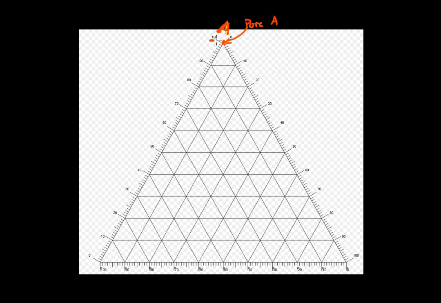That's what this 100 right here represents. So that's completely pure. What this next line represents right here is 90% A. Then you go down one more, 80, 70, 60, and it goes on like this, until you get to the very bottom.